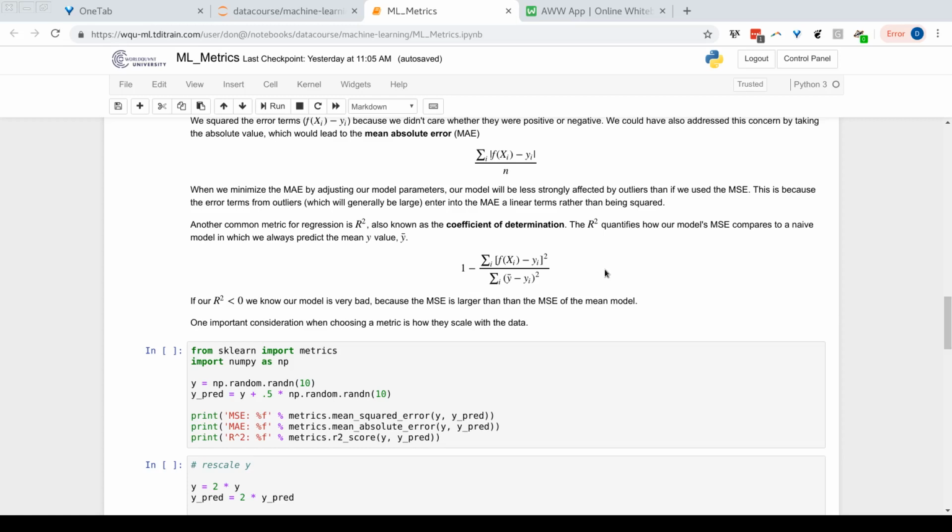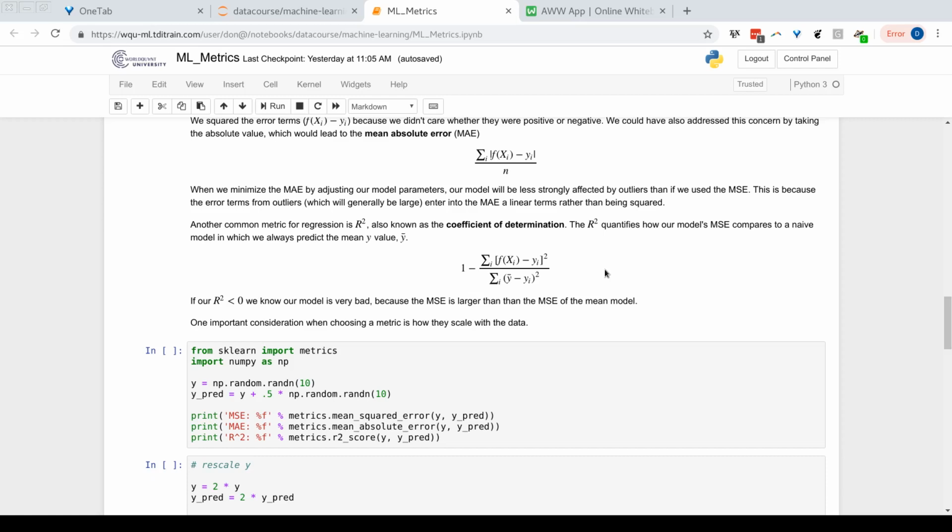Now let's see what happens if our model does just as well as this naive model, just as well as this benchmark model. What will its R squared value be? It doesn't do any worse or any better than this mean regressor model. If that's the case, then the mean squared error of our model is equal to the mean squared error of the naive model.